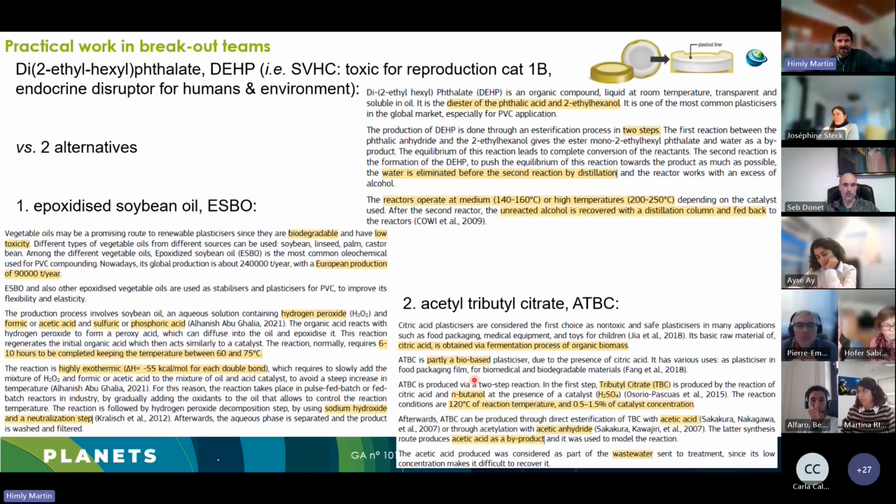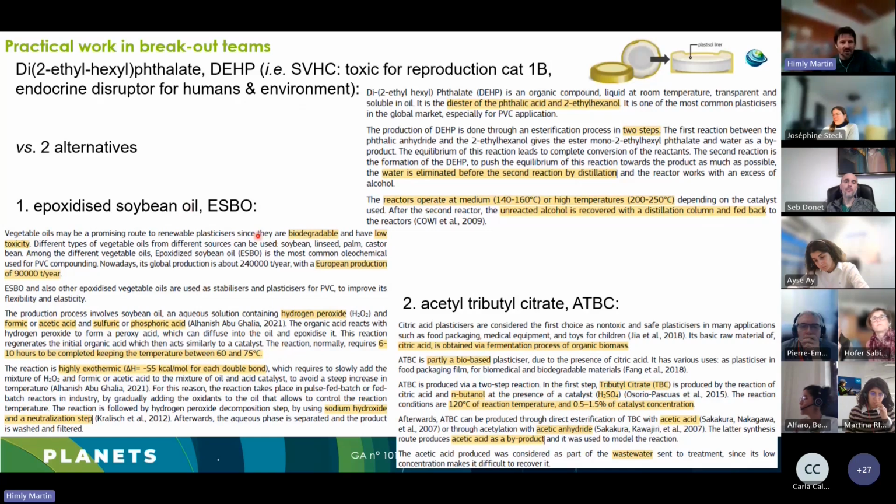What else you can find there is a very short description of the production of the plasticizer. Two-step procedure. I'm not going into detail of that. You see a little bit something on temperatures used, what the material is derived from, how it's built up. I guess all of you are chemists anyway, so this may even look very trivial.